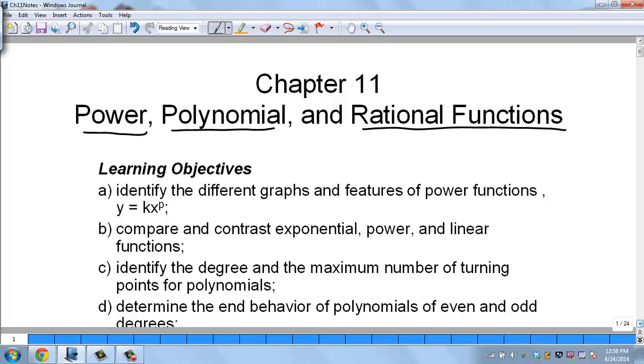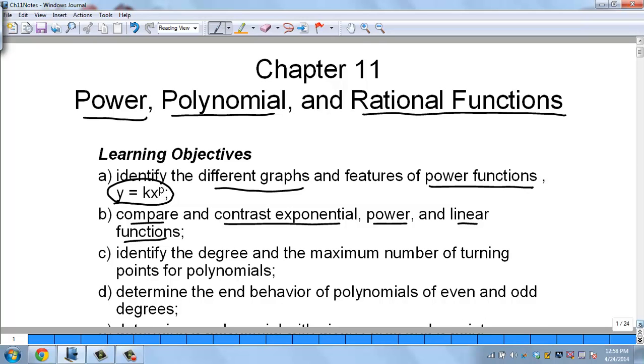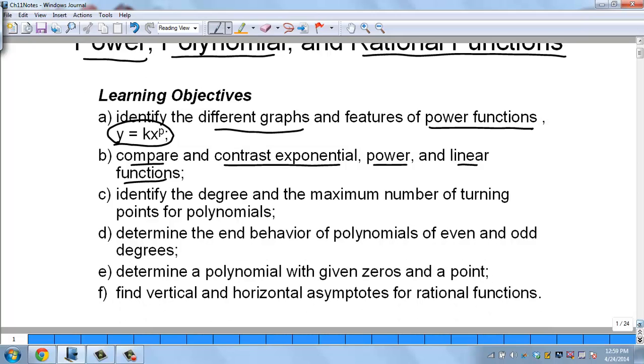First of all, for this video, we're going to identify the different graphs and the features of power functions in the form y equals kx to the p. We're going to compare and contrast exponential, power, and linear functions. We're going to identify the degree and the maximum number of turning points for polynomials. We're going to determine the end behavior of polynomials of even and odd degrees.